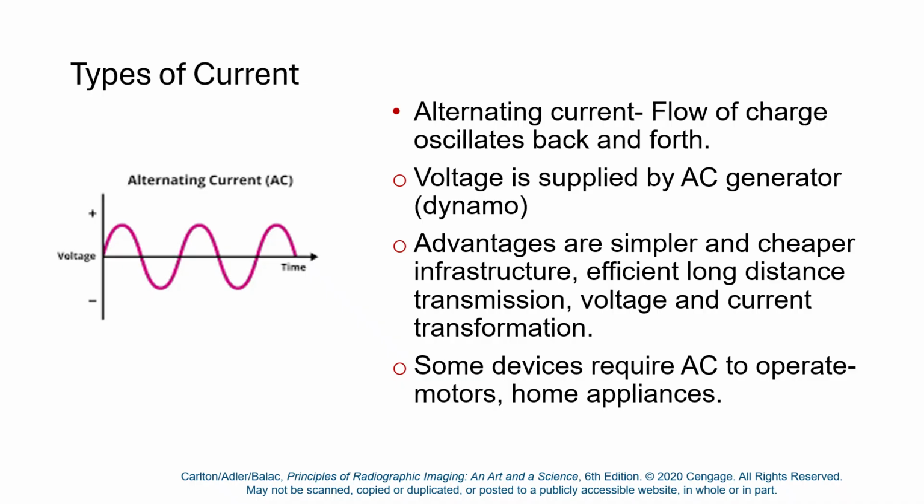The advantages to AC power generation is it's simpler and cheaper as far as infrastructure goes. You can send AC for a longer distance. Think about like the electric grid and the power lines running from the power plant.